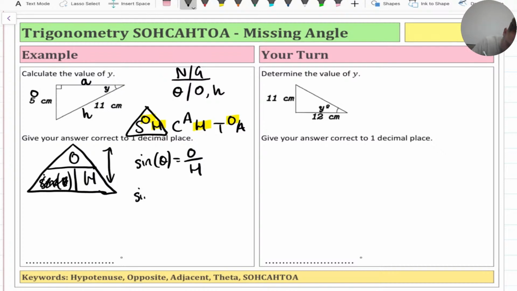So sine of theta is equal to 5 over 11. And then the last little part, I need to get rid of that sine by doing sine to the minus 1 of the other side. So I'm going to take this over to the other side. So theta is equal to sine to the minus 1 of 5 over 11.